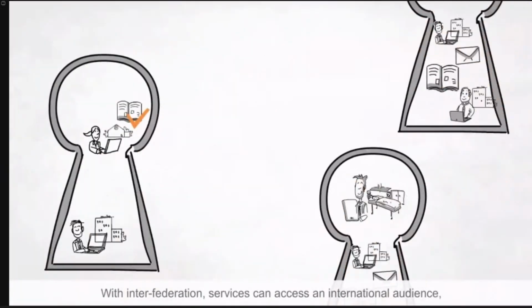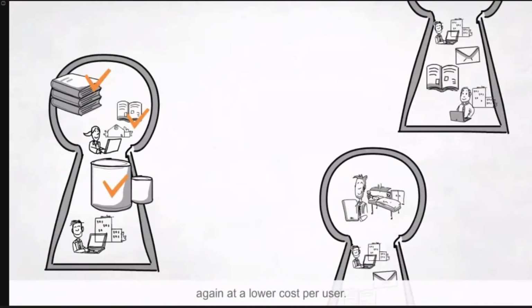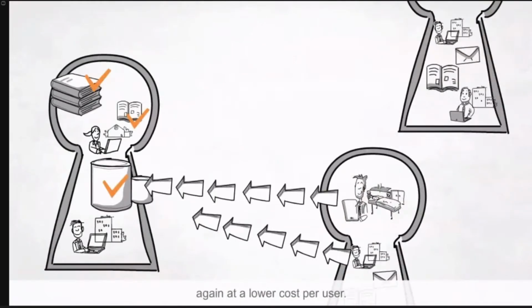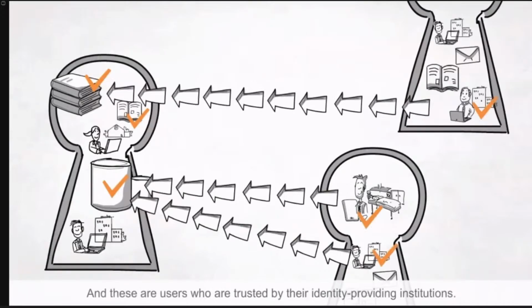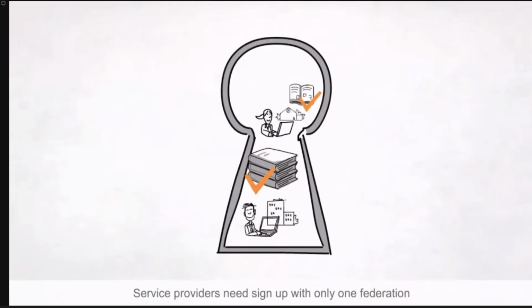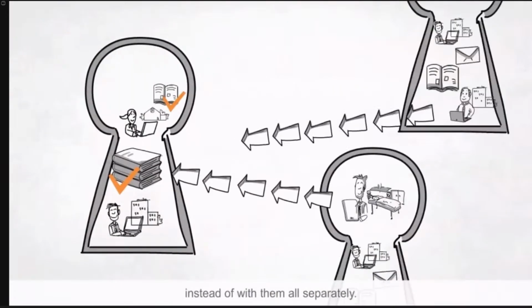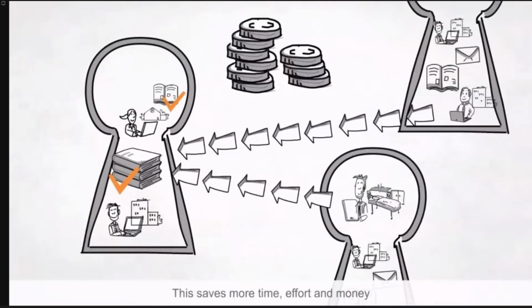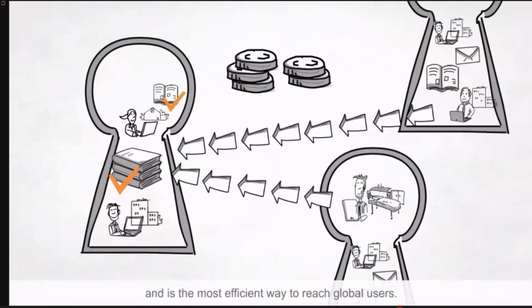With inter-federation, services can access an international audience, again at a lower cost per user, and these are users who are trusted by their identity-providing institutions. Service providers need sign up with only one federation instead of with them all separately. This saves more time, effort and money, and is the most efficient way to reach global users.